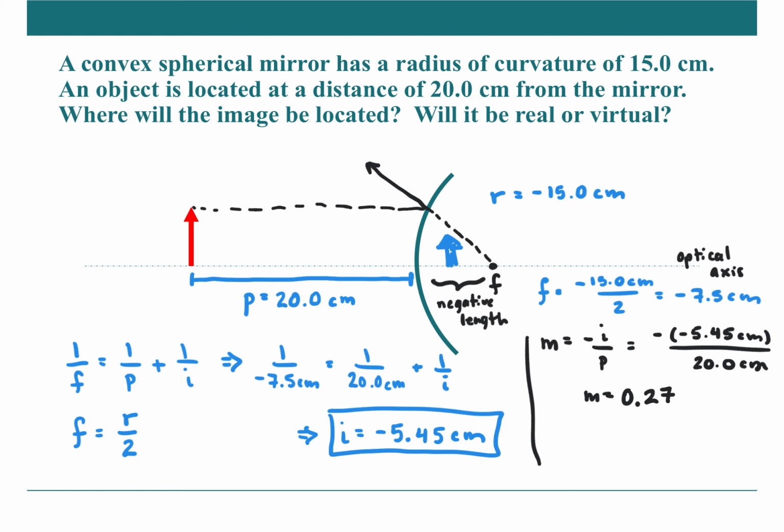So we've magnified our object by 0.27 times. It's shrunk. The value of this magnification is positive, which means that our image is upright. This image is located a negative distance from our mirror, which means that our image is produced on the opposite side of it, from our object.